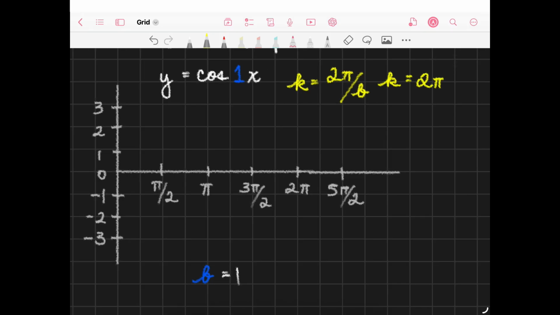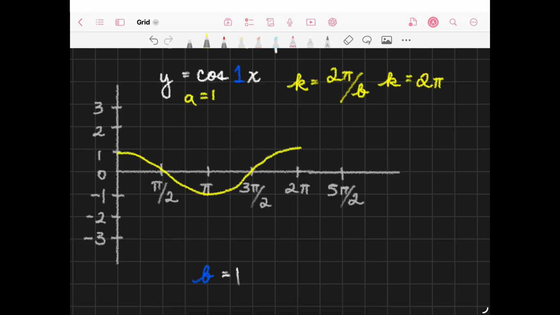When we graph our cosine of x with one period, it would look something like this. Based on y equals cos 1x here, we know that our amplitude is 1. So we're going to start with 1, and then 0, then -1, then 0 to 1 again.